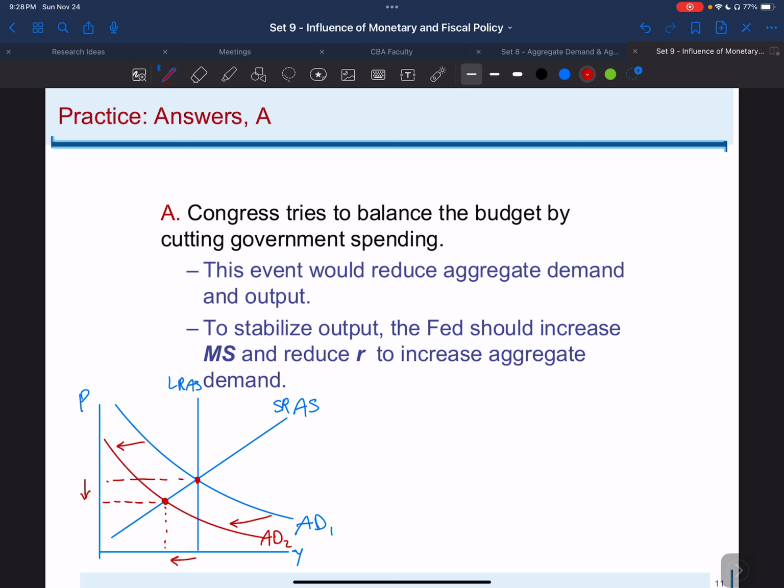to be stabilized, the output needs to be stabilized and get back to the long run output level. So the Fed should increase the money supply to reduce the R so they can shift back this aggregate demand. So earlier we discussed that if we allow the economy to self-correct, it will just move along this path going down here.